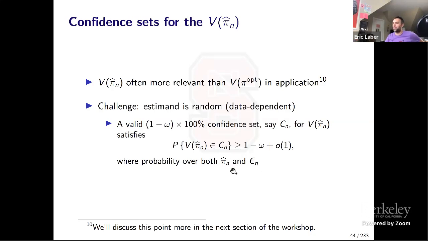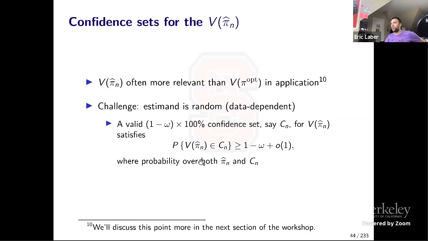See, I'm showing my bias. I'm often looking at deterministic policies in my world, but yes, that would be over all the uncertainty. And so both this thing and this are random. So both the estimand and the confidence set are random, where normally when we talk about coverage, we have the estimand being fixed and the set being random. So this is what we mean when we say a confidence set.